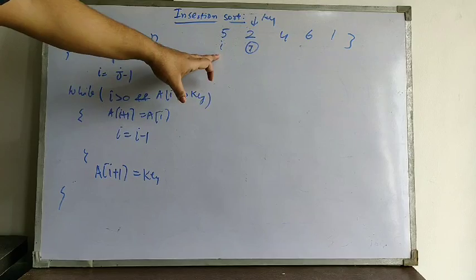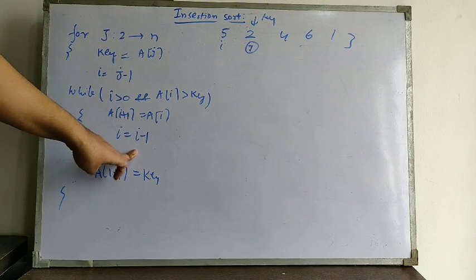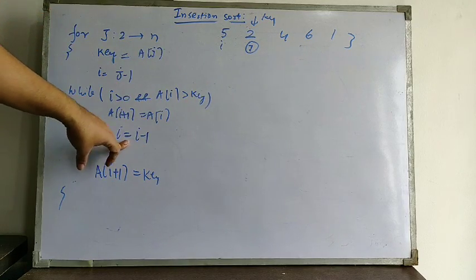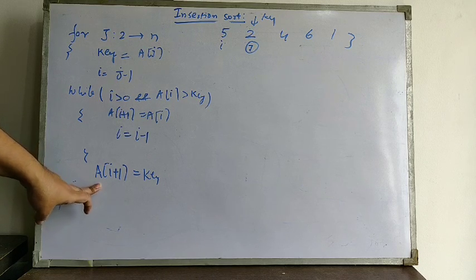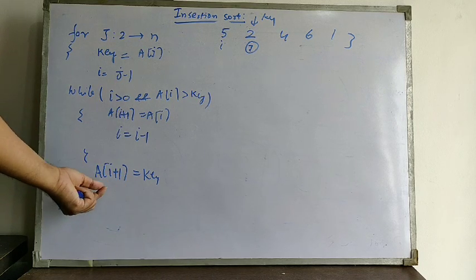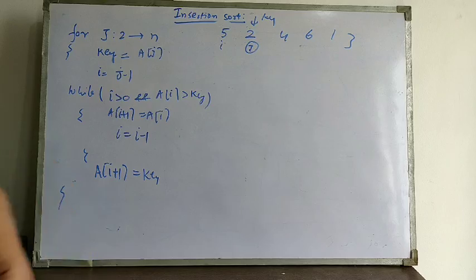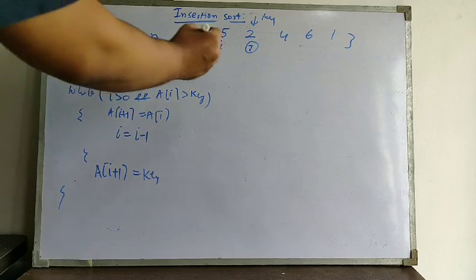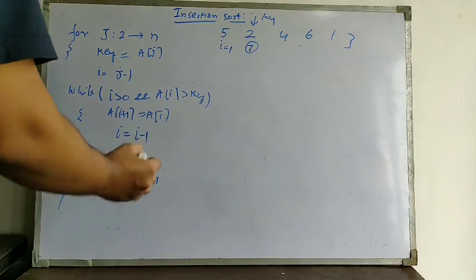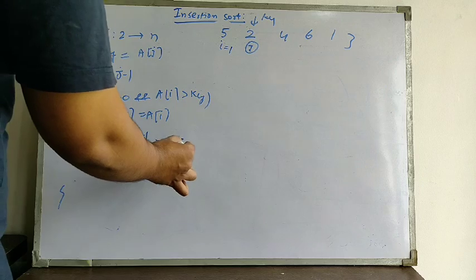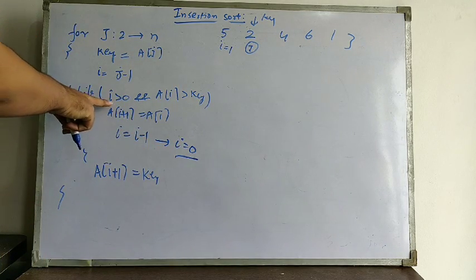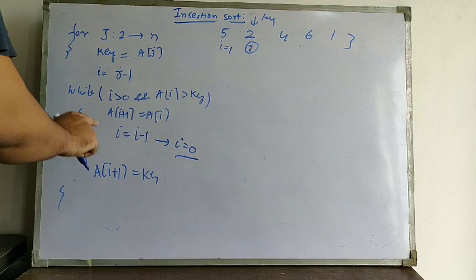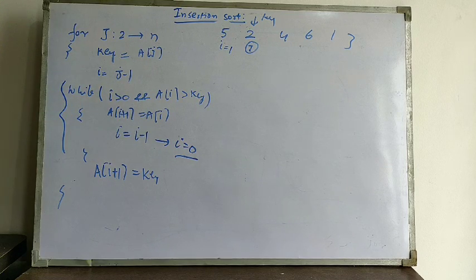Now next time i will be 0, because i is equal to 1, so i will be 0. It means this loop will not execute, and finally I will put key at A[i+1]. So A[i+1] means A[0+1] equals key. Since i is not greater than or equal to 0, this loop will terminate.